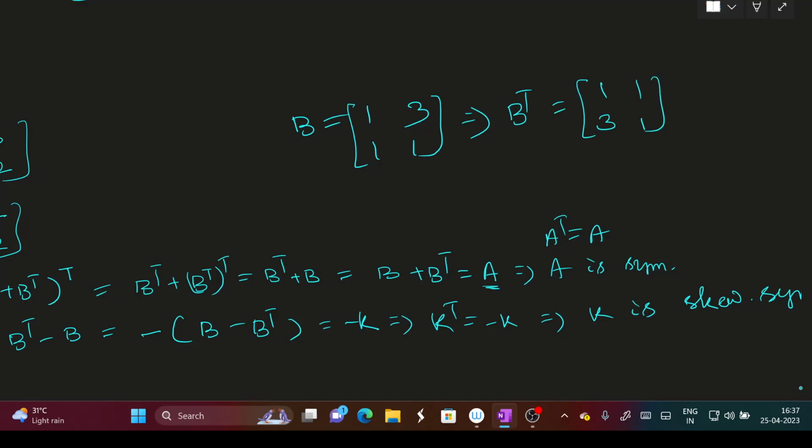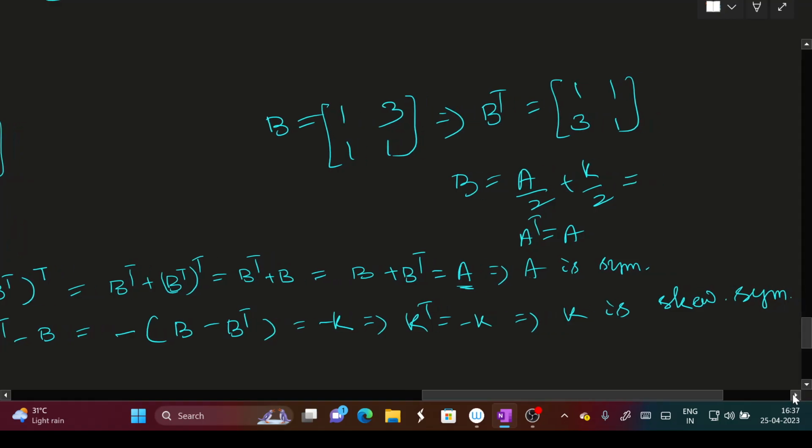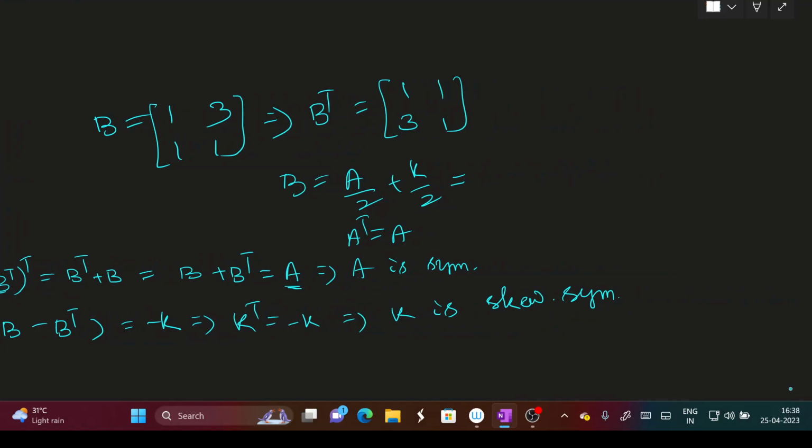Now B is equal to A by 2 plus K by 2. This is equal to B plus B transpose, which is 1, 2, 2, 1, plus B minus B transpose, which is 0, 1, 1, 0. So here we got our desired result.